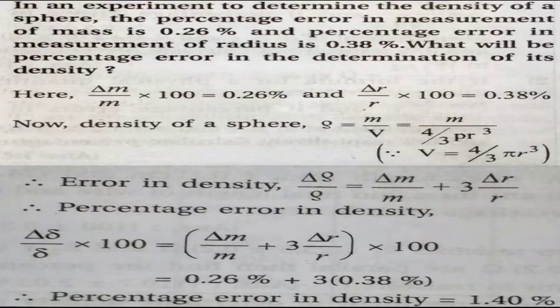So, percentage error in the density is given by delta rho upon rho into 100, is equal to delta m upon m plus 3 delta r upon r into 100, is equal to 0.26 plus 3 into 0.38%. So, in total we get 1.40%. This is the answer.